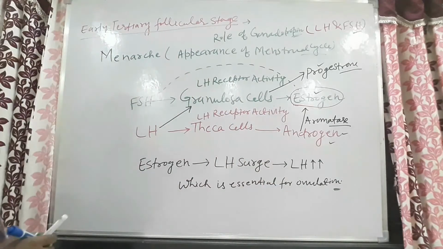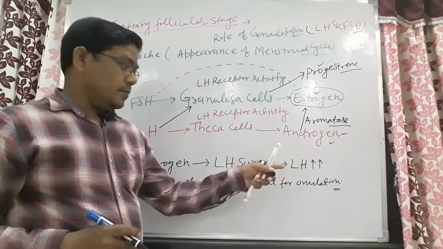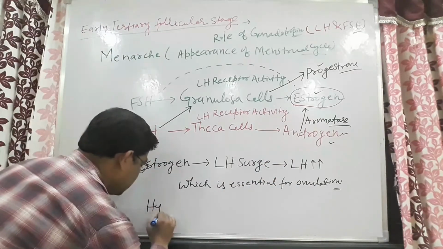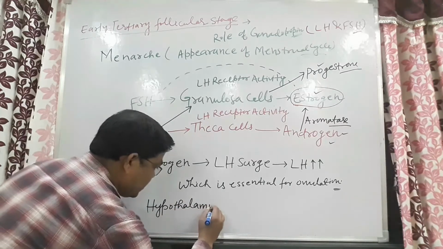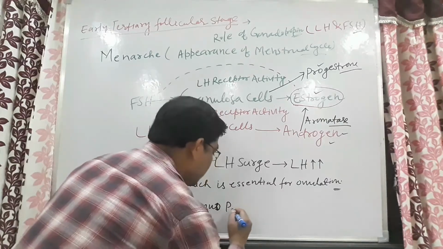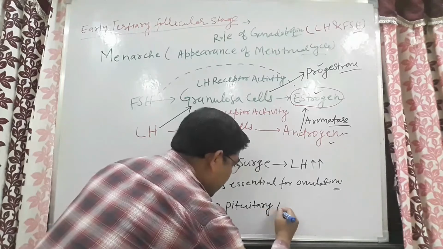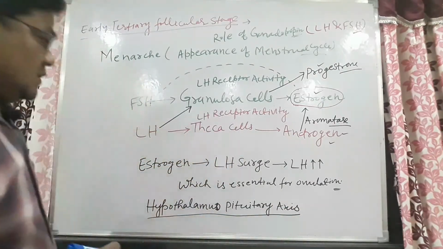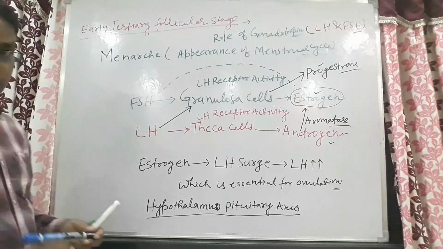This increased synthesis of LH is done at the level of both the hypothalamus and pituitary, the hypothalamo-pituitary axis. This estrogen will act at the hypothalamo-pituitary axis. In this way, this estrogen will cause the LH surge.